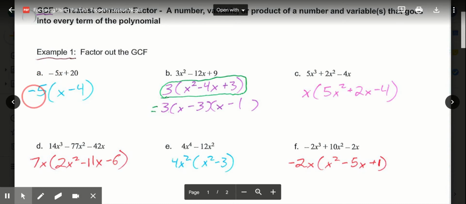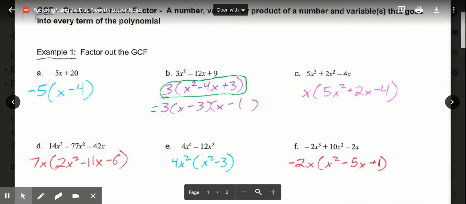So I'm going to factor out the negative 5, which would come outside the parentheses. And in parentheses, I'm left with a positive x, because negative 5x divided by negative 5 gives me x, and the positive 20 divided by the negative 5 gives me a negative 4.